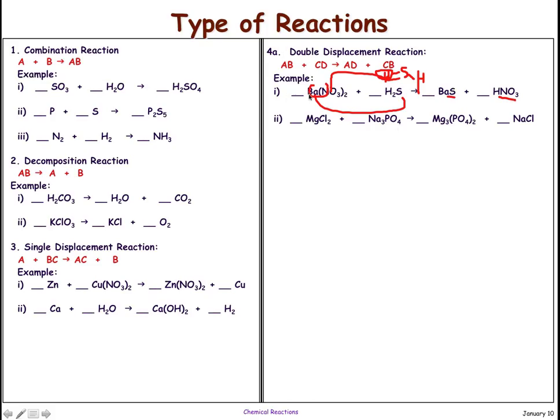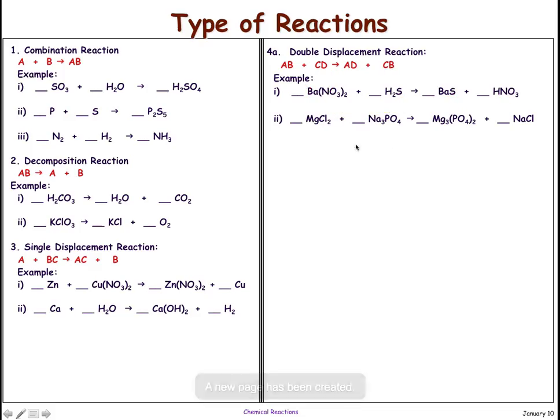You don't want to write this as BaHS, because BaHS would not make sense. Barium is +2, HS would be -1. That's not correct. Two hydrogens have to be bumped off so that it can combine with the sulfur that's -2. This reaction, of course, is not balanced. It's up to you to balance the reaction.